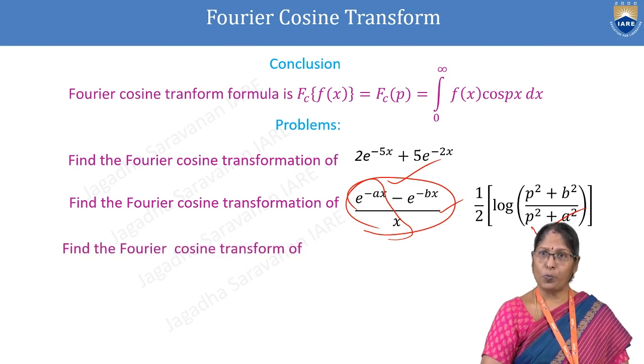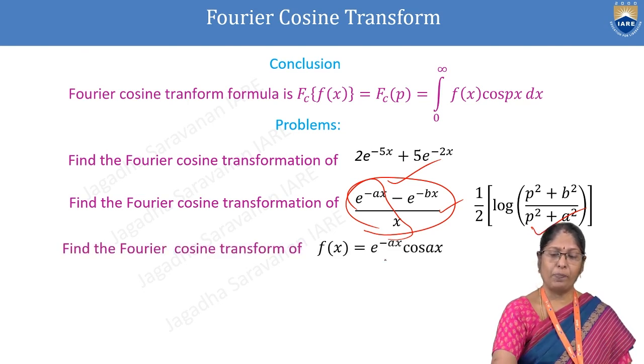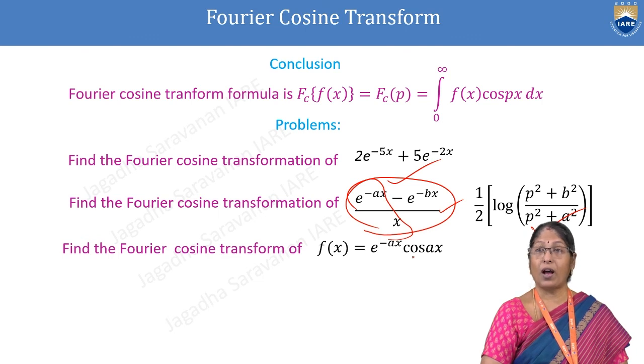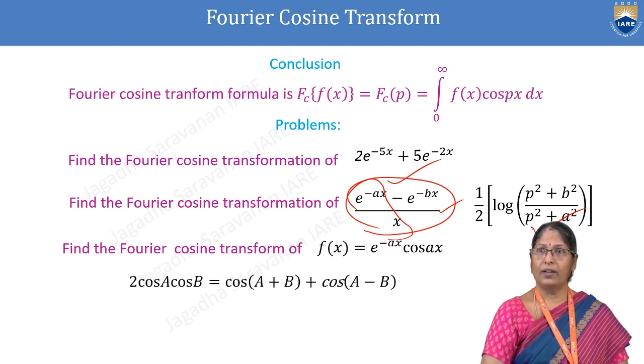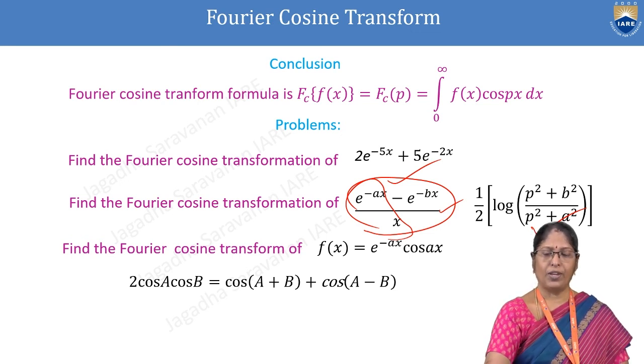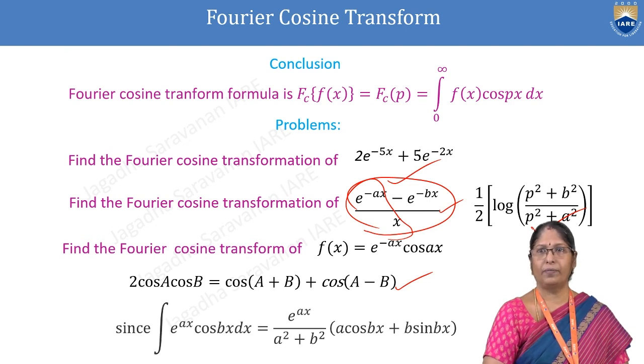And one more problem, that is e power minus ax into cos ax. Here we applied the trigonometric formula, that is, if any 2 trigonometric functions are multiplied, then we applied the corresponding trigonometric formula. How to solve, that is also discussed in detail.